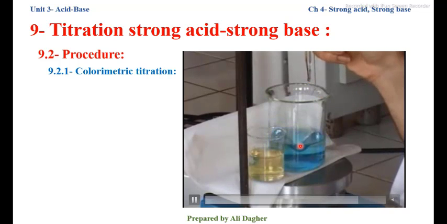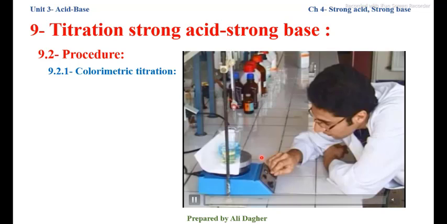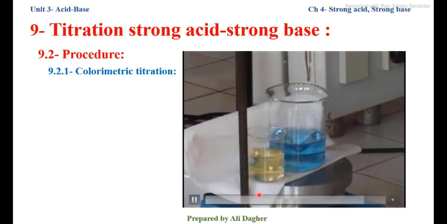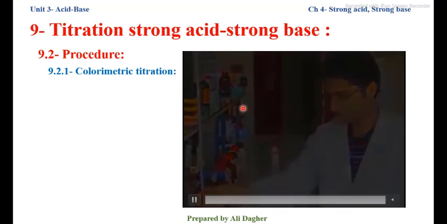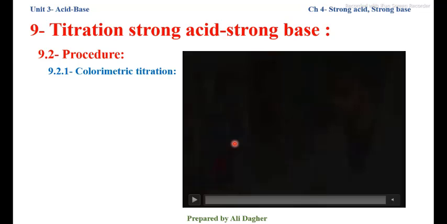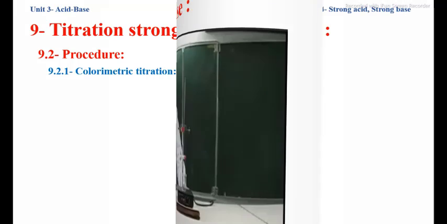The last point where the solution becomes blue is the equivalence point. Then the change in color from yellow to blue at equivalence. Then we note the volume added at equivalence. This is the procedure of colorimetric titration.